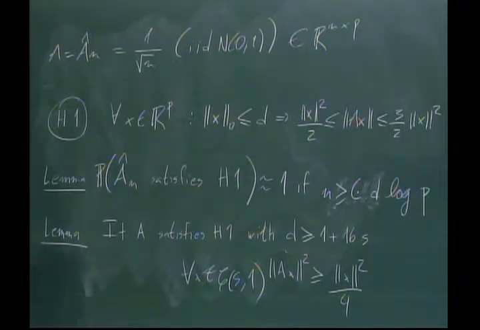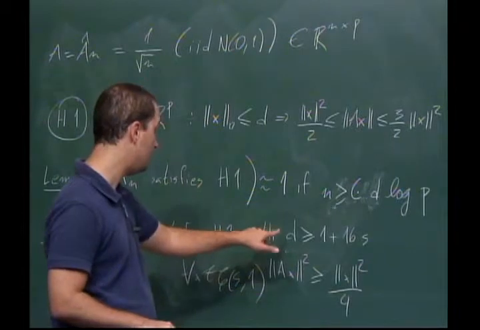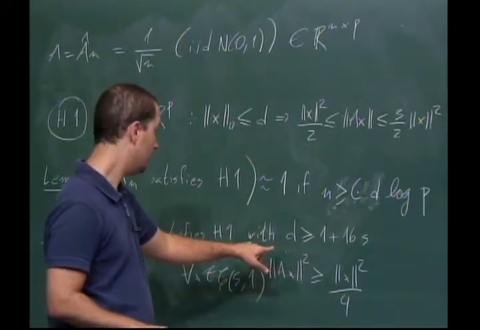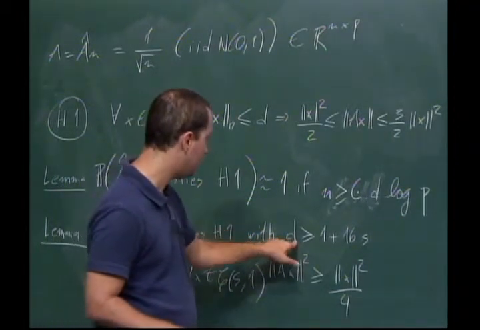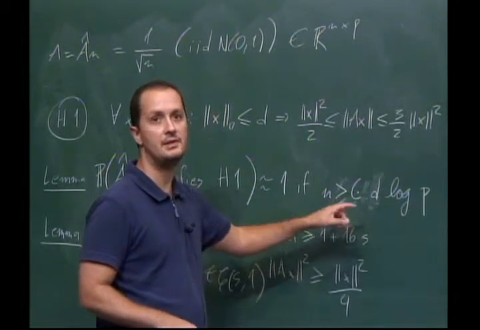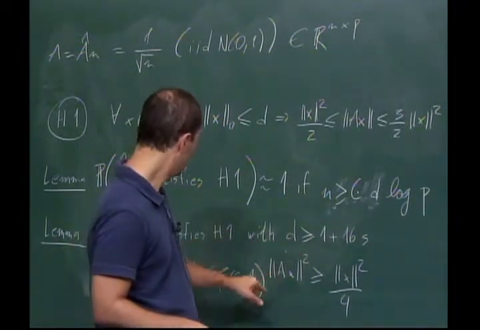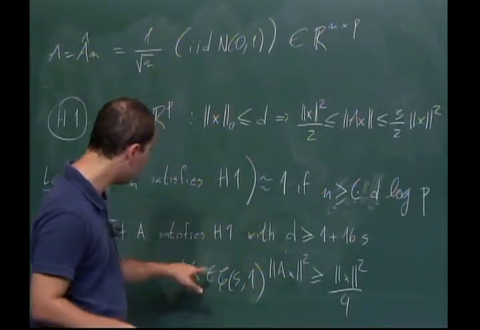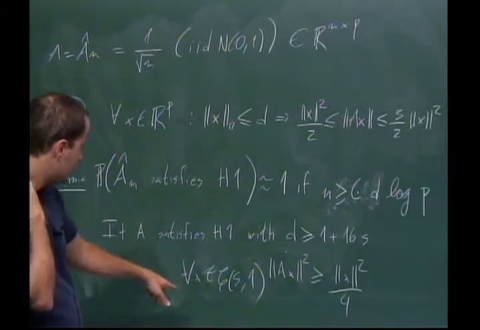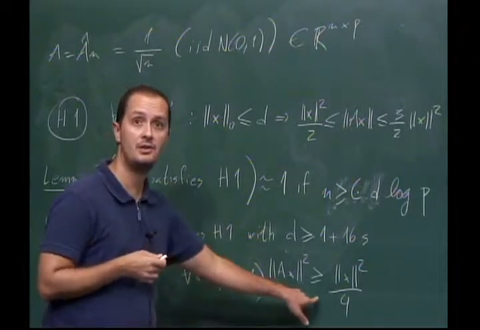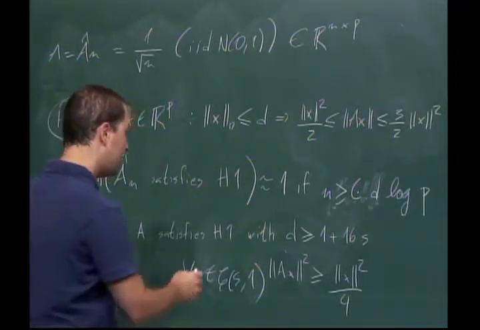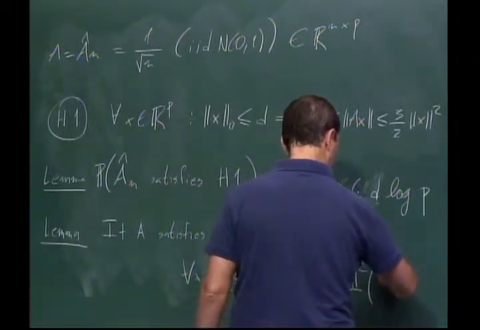It's just saying that if a matrix satisfies property H1, then with a certain value of d that's sort of like S, I mean, it's S plus a constant times a constant or something, then we know that this matrix A is good over the set CS1. So it satisfies this property.